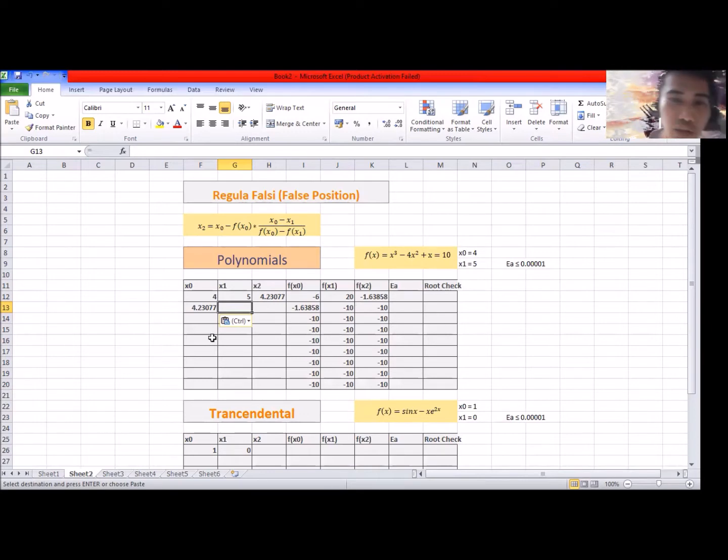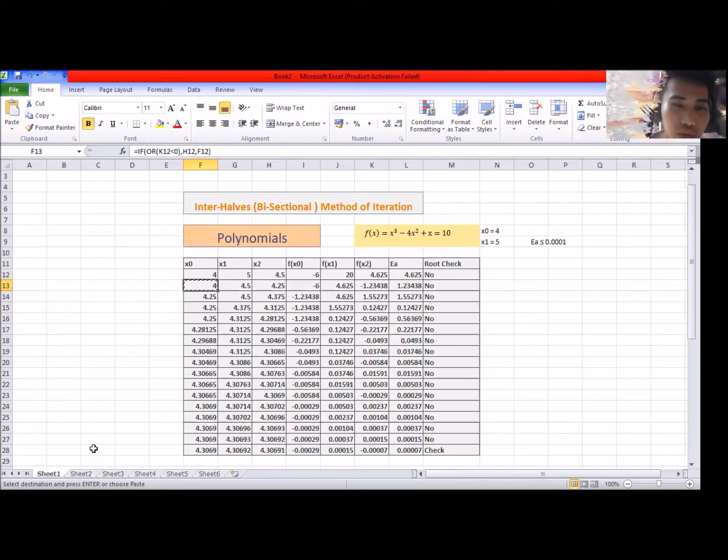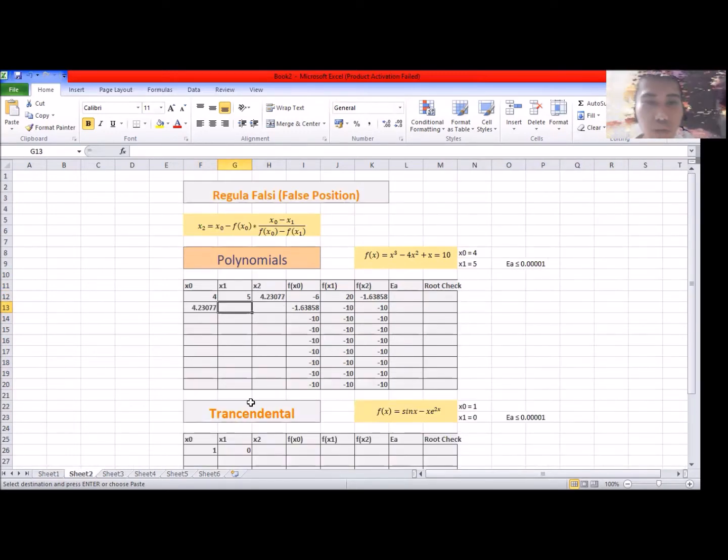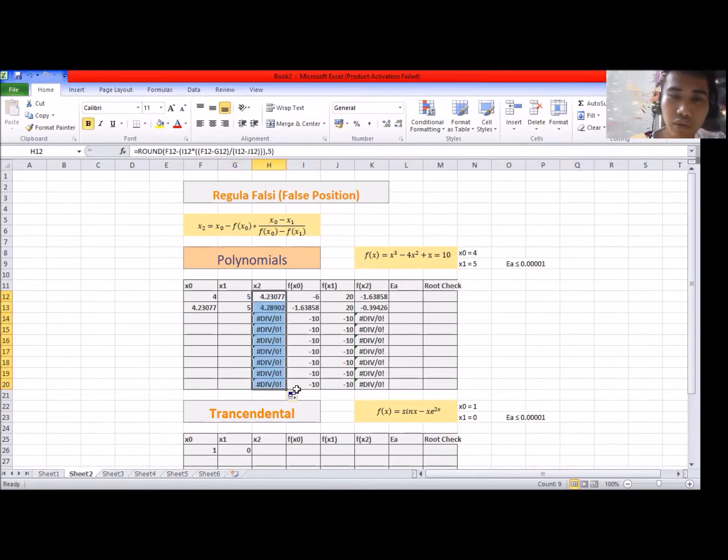Next we have the initial value here. Like earlier from the bisection, we need to copy: if the sign is positive, then we need to get the x of 2. Then write again until you get the initial value or the estimated root.